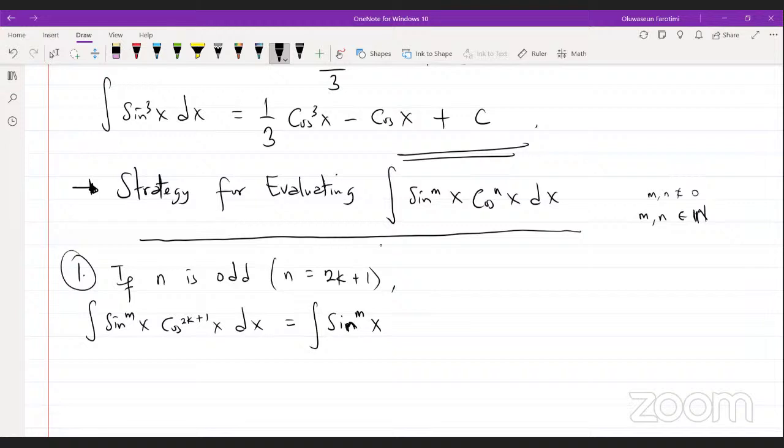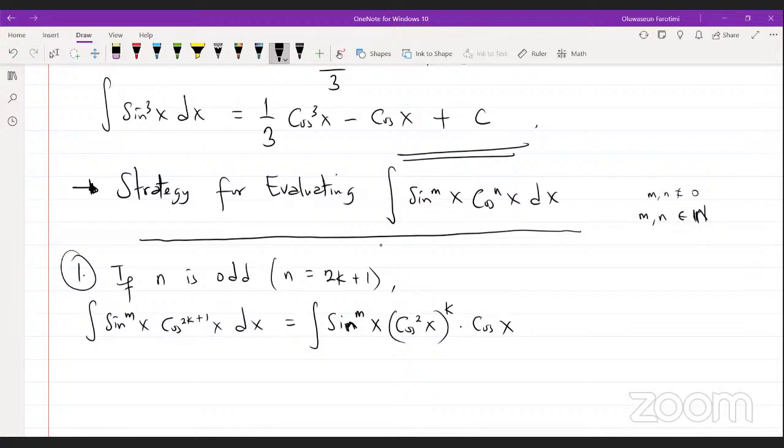Now, if you have cosine to the power 2k plus 1, I can rewrite that as cosine squared of x to the kth power multiplied by cosine of x.